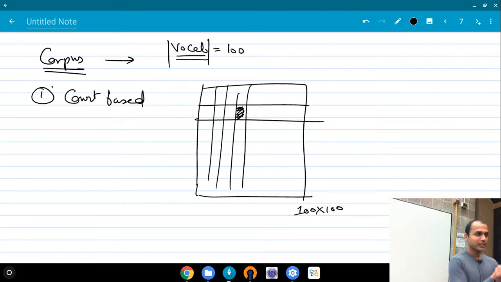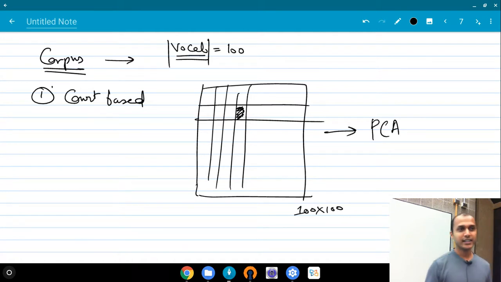Then for the entry corresponding to pet and dog, just increment a count. Do this for all words. So what are you capturing? Words that are appearing together, essentially. So increment the count. This is a count based matrix. Each entry is essentially a count of how many times the word pair appears together in your corpus. Then given this matrix, do a PCA operation.